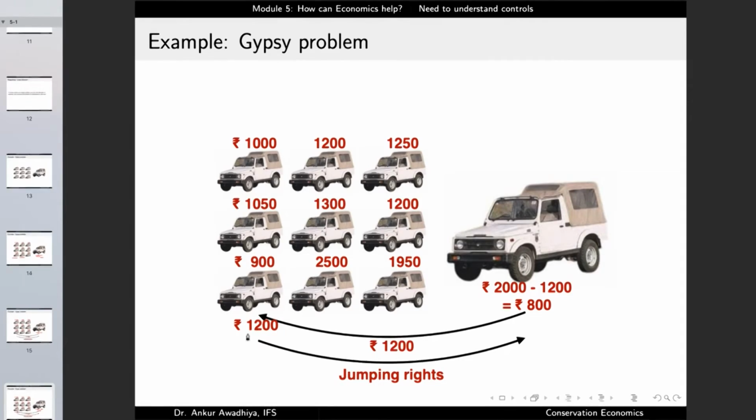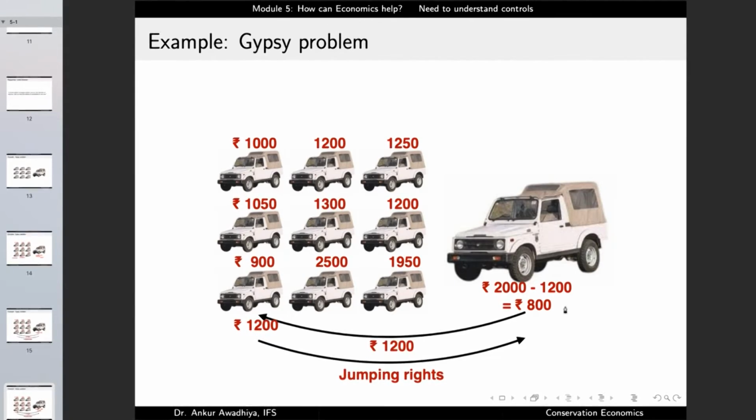Now, what happens? This person who would have earned 900 rupees has now earned 1200 rupees. And so this person is happy because in place of earning 900, he is earning 1200. What about this person? Now, if this person did not get inside because he was not selected in today's roster, he would have earned 0 rupees.